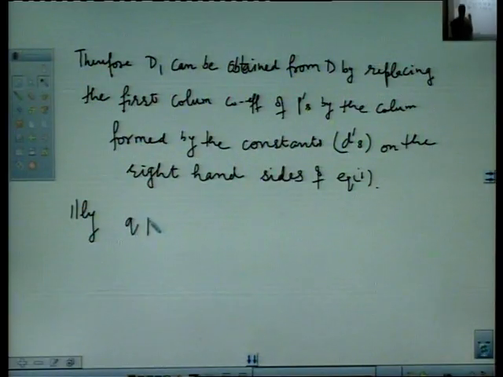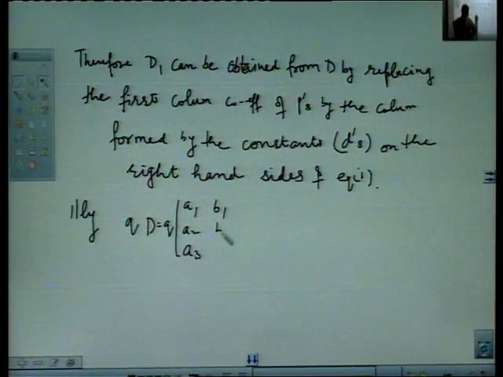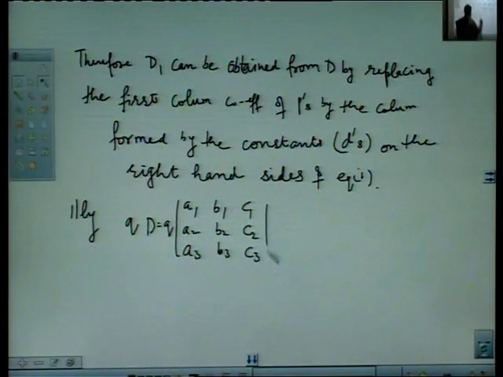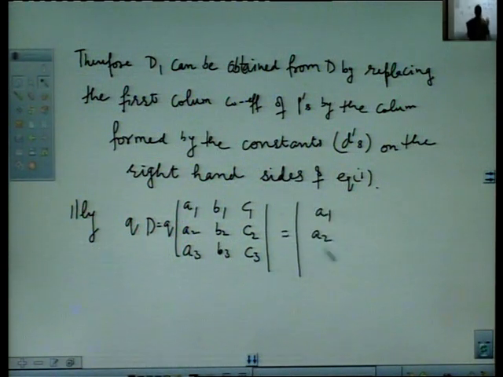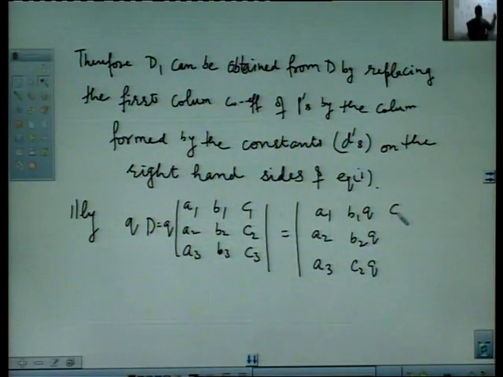Similarly, QD is equal to Q times the determinant A1, A2, A3, B1, B2, B3, C1, C2, C3, which is equal to A1, A2, A3, B1Q, B2Q, B3Q, C1, C2, C3.